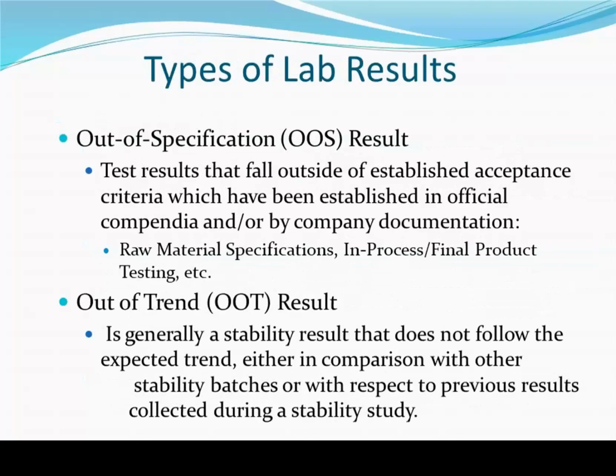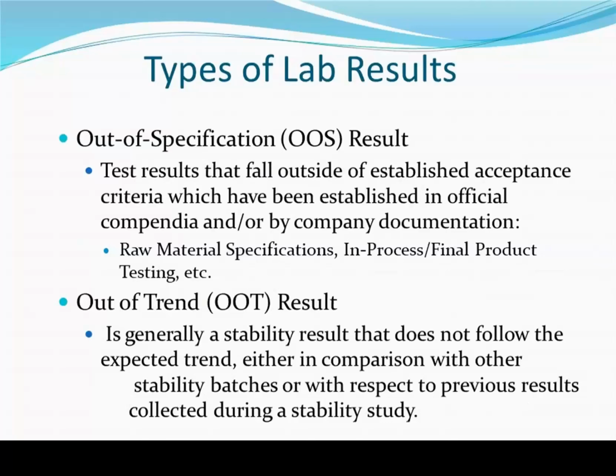There are a number of lab results that we can get in the laboratory. First and foremost, as we've been talking about, the out of specification results. Again, something that's not meeting the results in the official compendia or any of the specifications that are developed by company documentation.